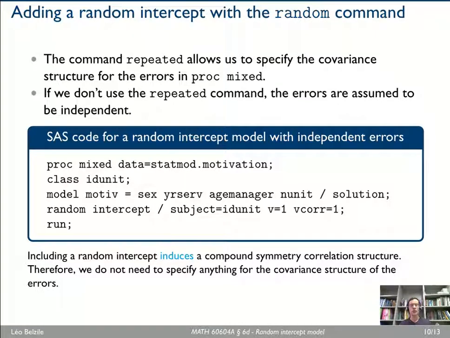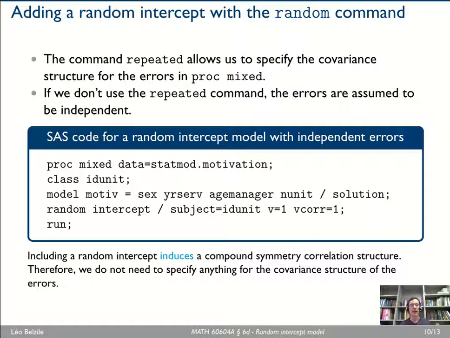So proc mixed, I'm going to use the motivation data to show you the output. Class here is ID unit, I'm going to ask for the solution so I can have the table with the parameter estimates. And as I said, repeated, I don't want structure on the error, so I'm just not going to specify it.